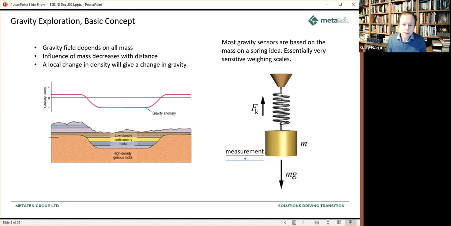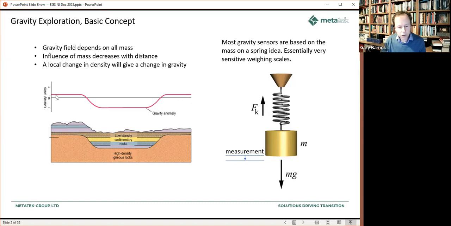So the basic concept of gravity exploration is really looking for differences in density in the Earth. Now, the typical application of this has been looking for sedimentary basins. Where you have a rift that has been filled with sedimentary deposits, what you have there is essentially a low density area surrounded by high density.